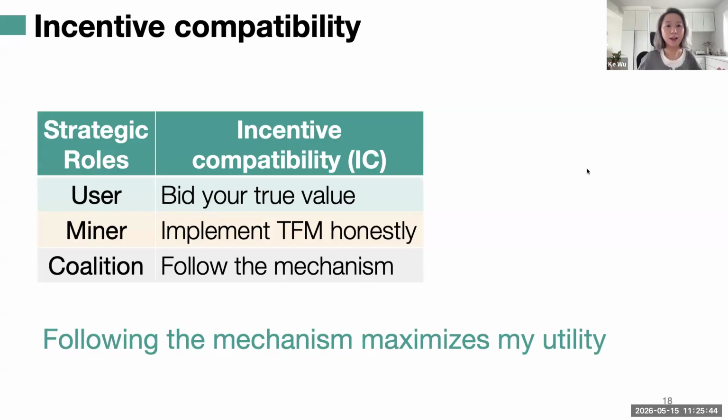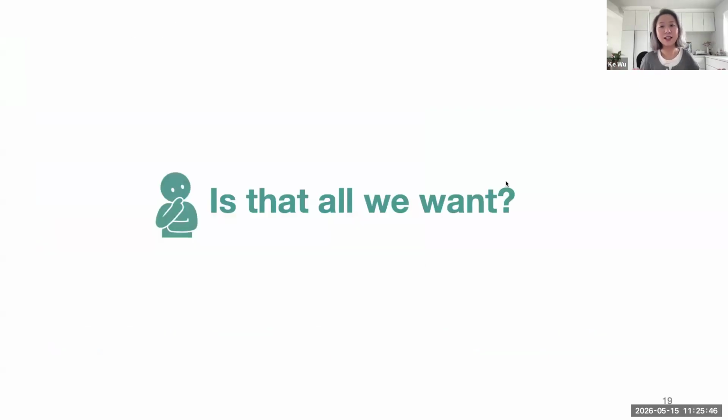But now I want you to think, is that all we want? What is the guarantee incentive compatibility provides? It makes sure that the honest behavior specified by the mechanism is in equilibrium. It is a Nash equilibrium. Everyone is incentivized to follow the protocol honestly to maximize their utility, if everyone is profit maximizing. Now what's missing here?